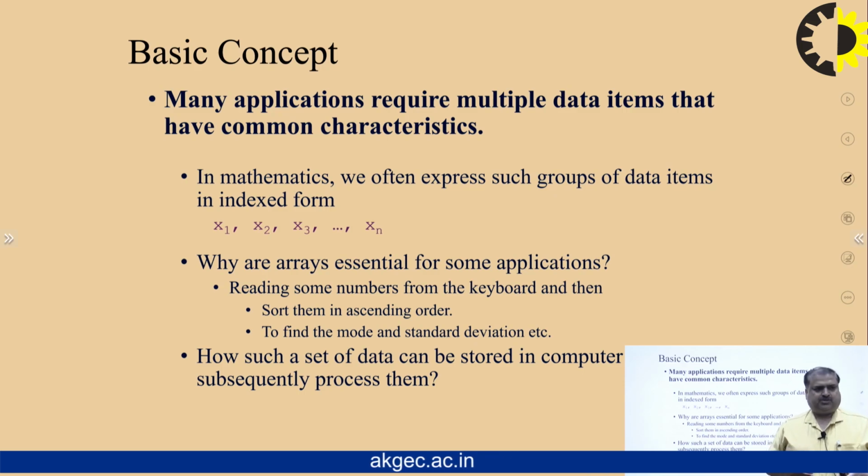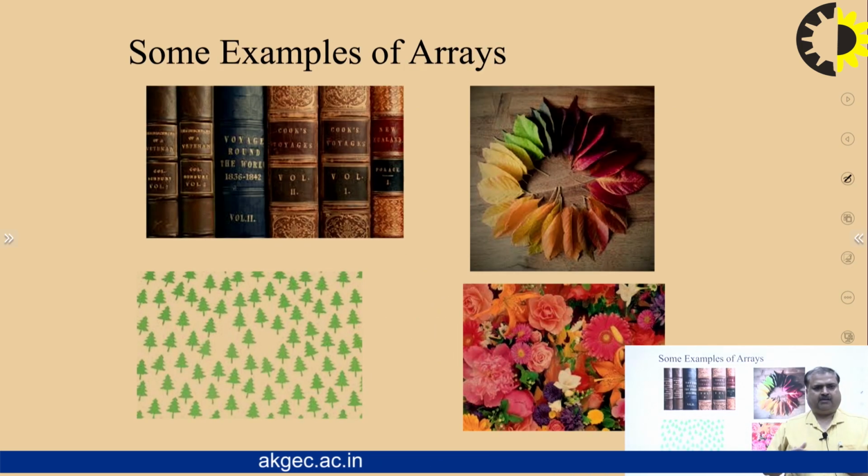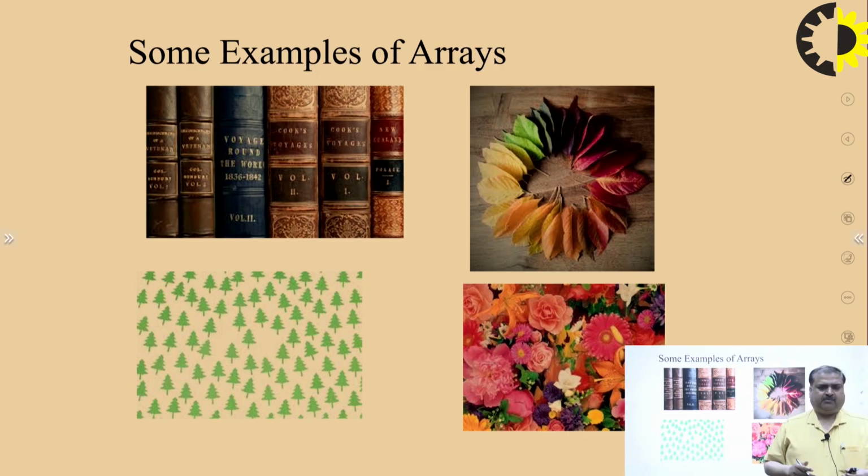These data can be stored as a collection of similar data types. For example, here these are books. This is a collection of books. A book may be hard-bound, a book may be paperback, but they all belong to the same class.